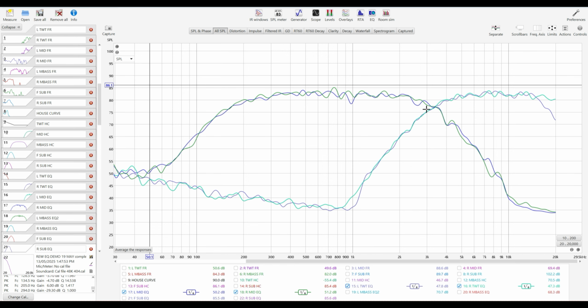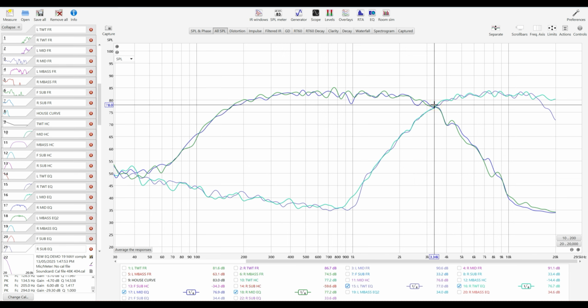Just 10 dB either side of the crossover region, in this case 3.3. So 10 dB that way and 10 dB this way. But we'll talk about that a little later. That is the reason why we did all of our EQ and level work first, and why you've got to make sure you've completed that work and you're not going to make changes to it before you start your time and phase alignment.